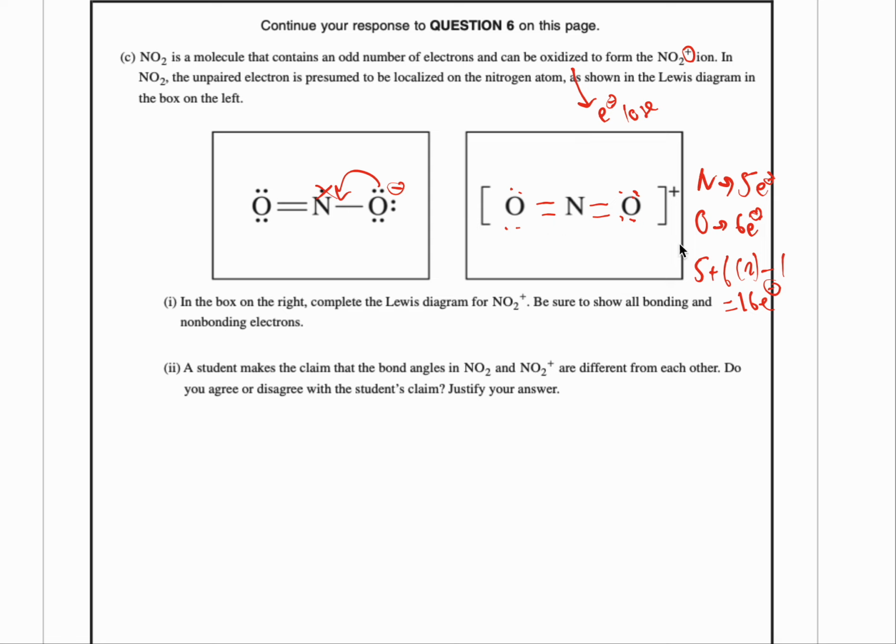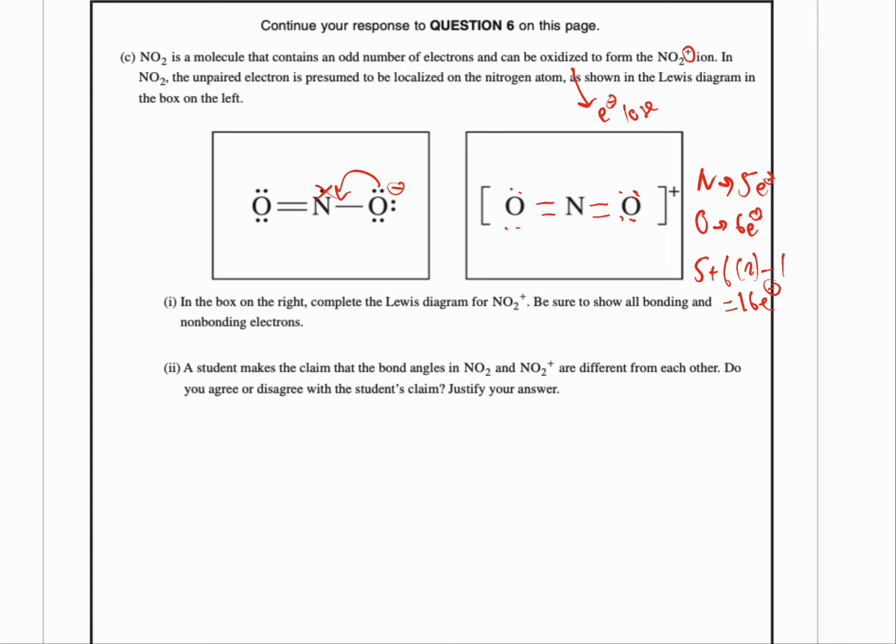Oxygen has 6 valence electrons, so 1, 2, 3, 4, 5, 6. The oxygens are happy. Nitrogen has 5 valence electrons minus 4 associated electrons. It has a plus 1 charge, and plus 1 agrees with that. So this is our Lewis diagram.